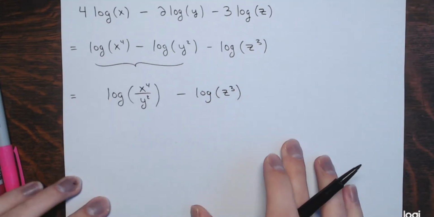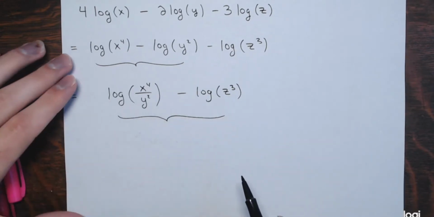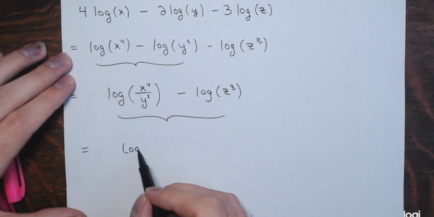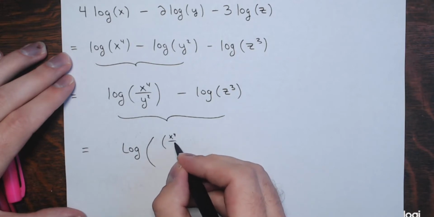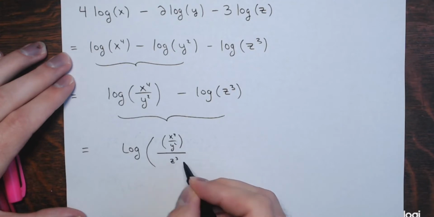And then, again, two terms, a difference. So this is the log of a quotient. This is the log of x to the fourth over y squared, divided by z cubed.